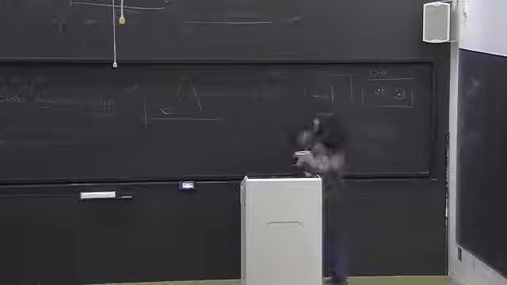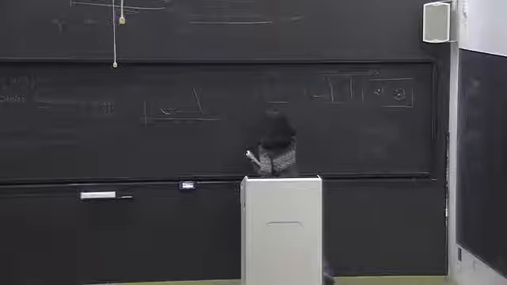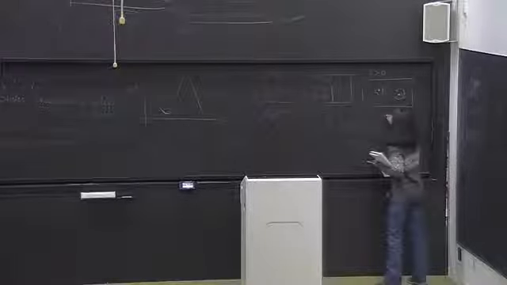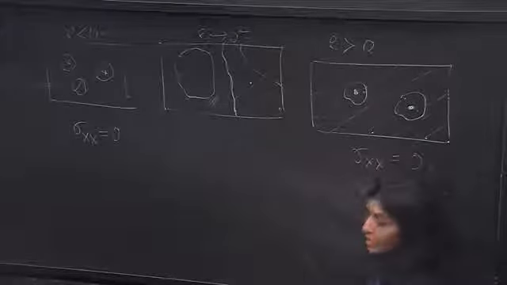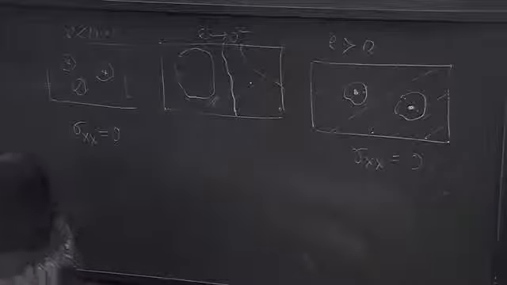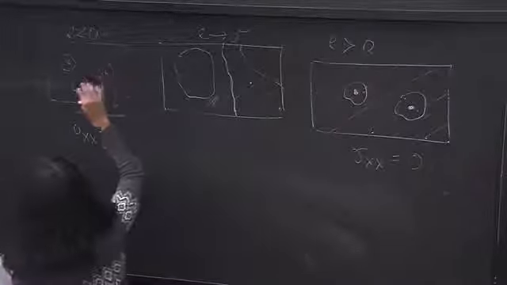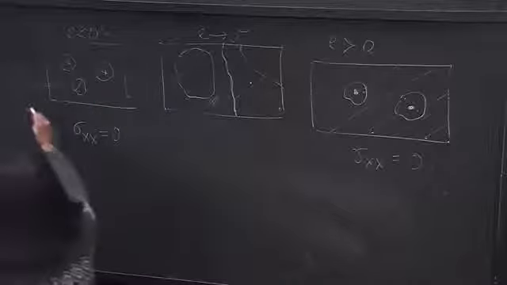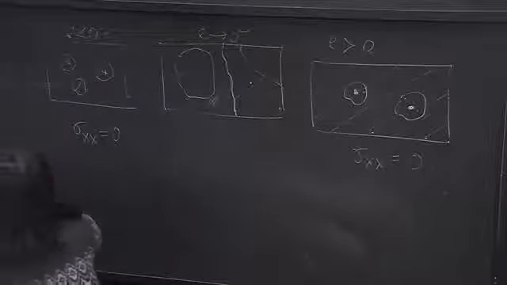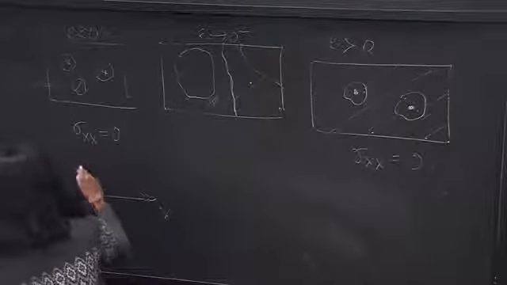Okay, so both here and there, sigma xx is 0. Okay, so why do we say that? Well, let's imagine now that we add an electric field in the x direction. So this is the x direction, and I add a little electric field.